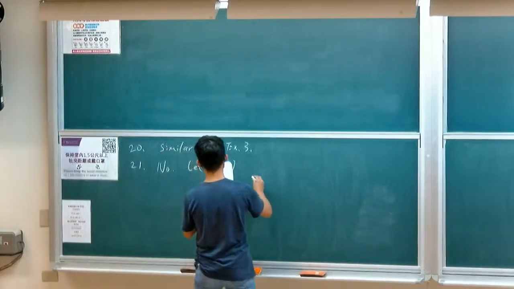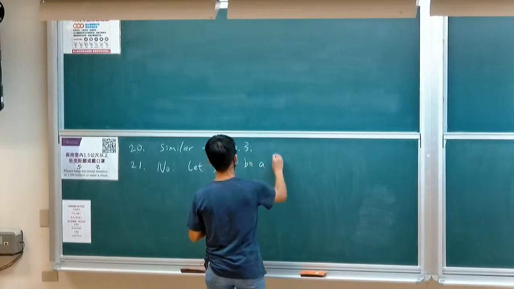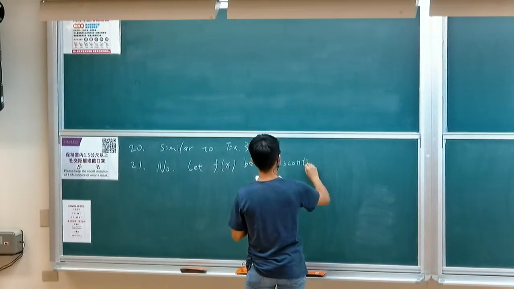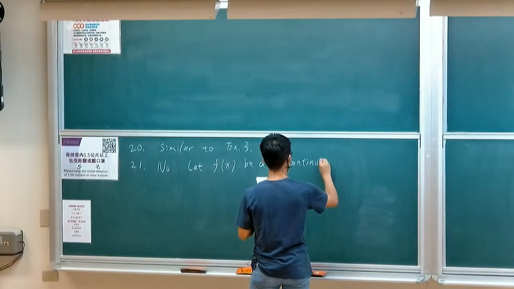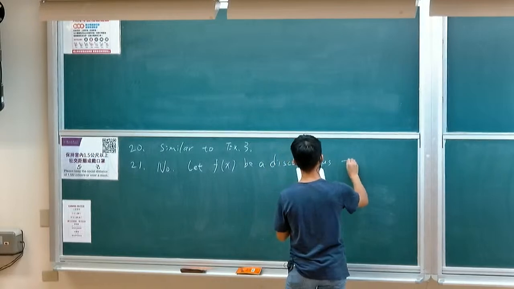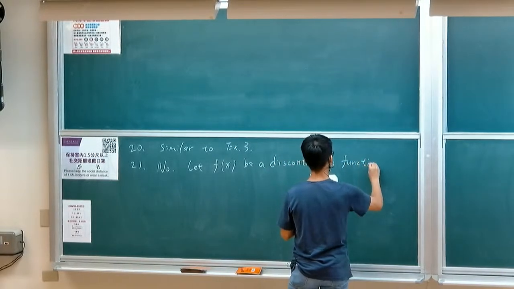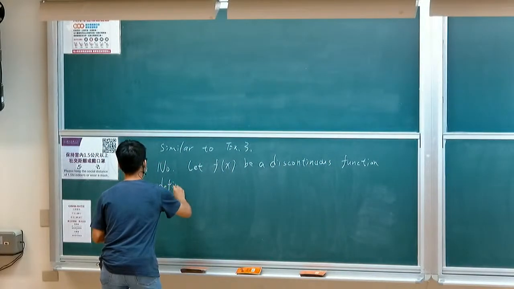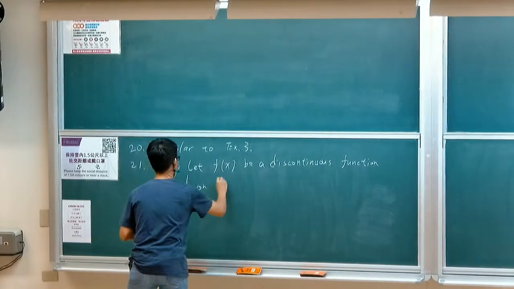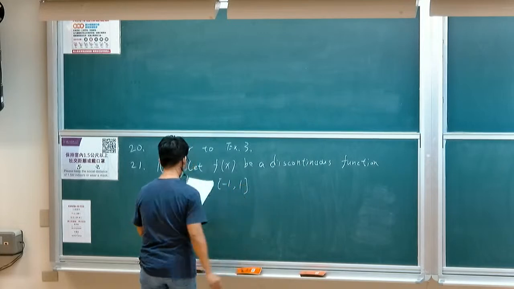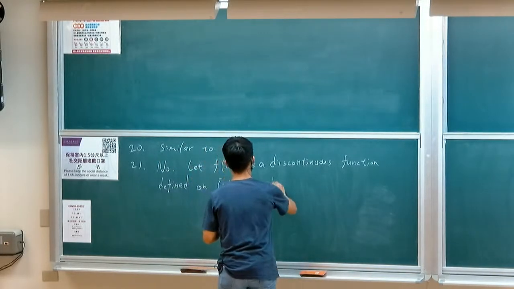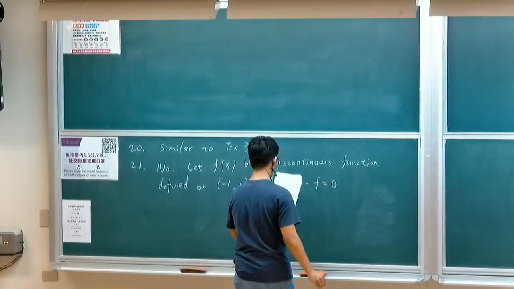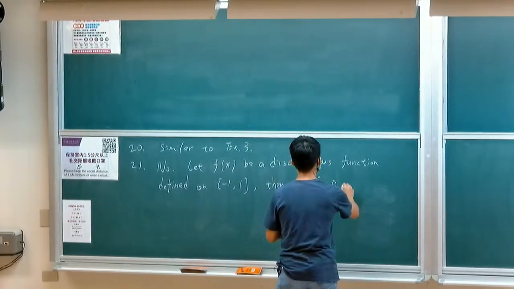So if we let f of x be a discontinuous function defined on -1 to 1, then we can see that f minus f is 0, which is continuous.